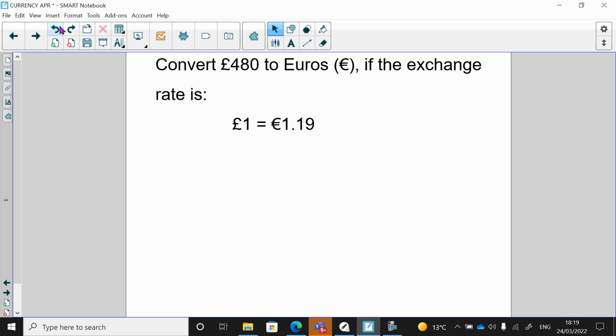Okay, let's go for another one. This time, again, we're going from pounds to another currency, so we're going to be multiplying again. We're going to euros. We've got the exchange rate, £1 to €1.19. So we're just going to multiply that 480 by 1.19. Okay, and here it is.